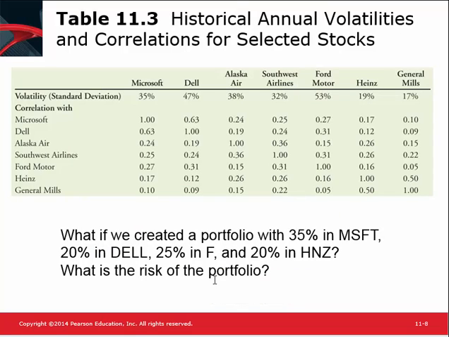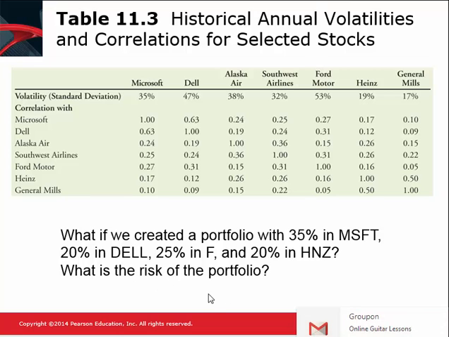So how can we do this? How can we find this data? Well, what they've provided with us here is some volatilities. This is standard deviations. And they've provided us with some correlations. What if you created a portfolio that had 35% in Microsoft, 20% in Dell, 25% in Ford, and 20% in Heinz?